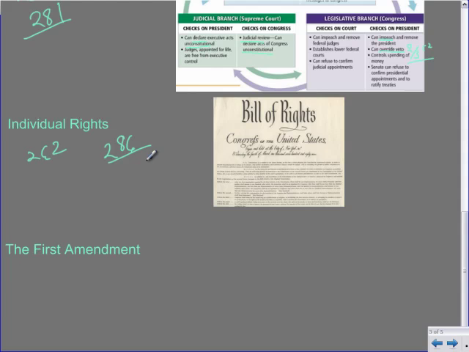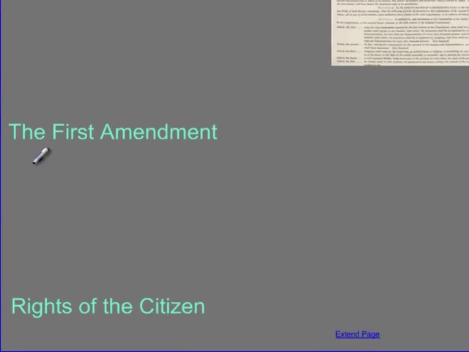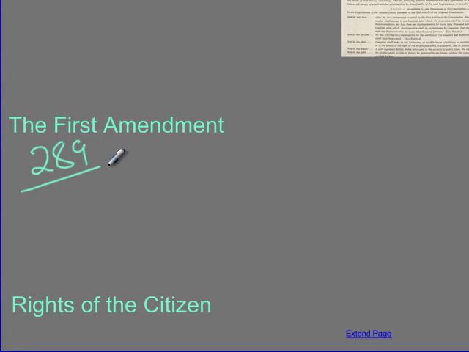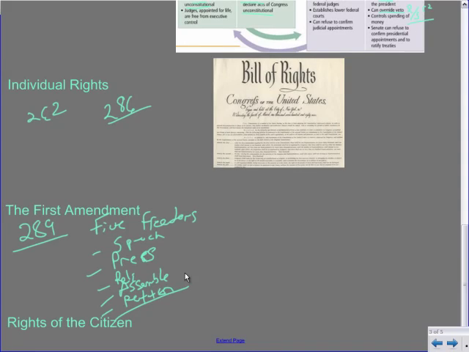But which amendment is that? That would be the First Amendment. So these are those five basic freedoms. I think this is on page 289. So you have the five basic freedoms of speech, press, religion, assembly, and petition. So just know that in your First Amendment, you have those things.